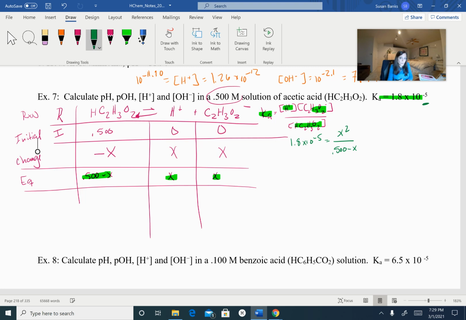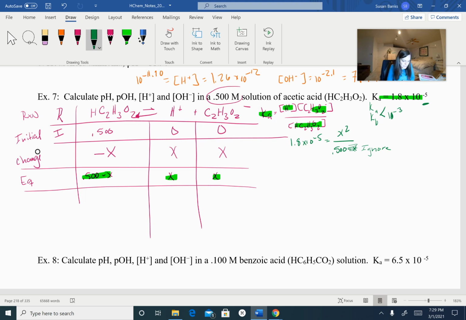So that means, once again, that I can ignore this X. Remember, the cutoff is 10 to the negative 3. So if our equilibrium constant Kb or Ka is less than 10 to the negative 3, we can ignore that X. So we're going to ignore it because that means we don't have to use the quadratic formula.